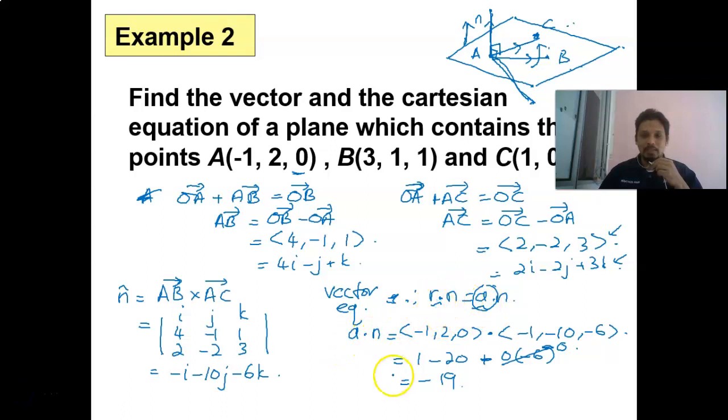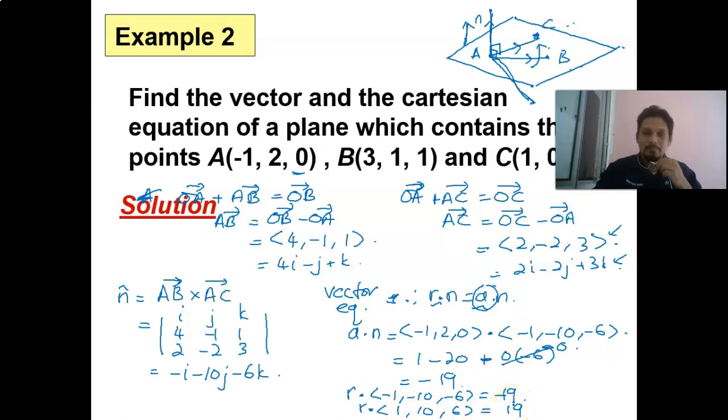So now r dot n, where n equal to negative 1, negative 10, and negative 6, equal to negative 19. Or r dot 1, 10, and 6 equal to 19. This is negative 19, so multiply with negative here, so we get 19.